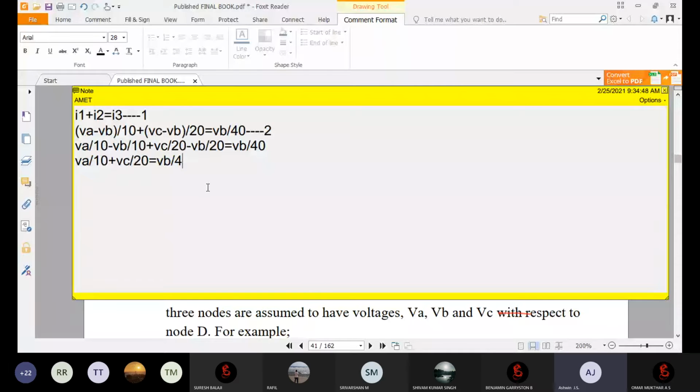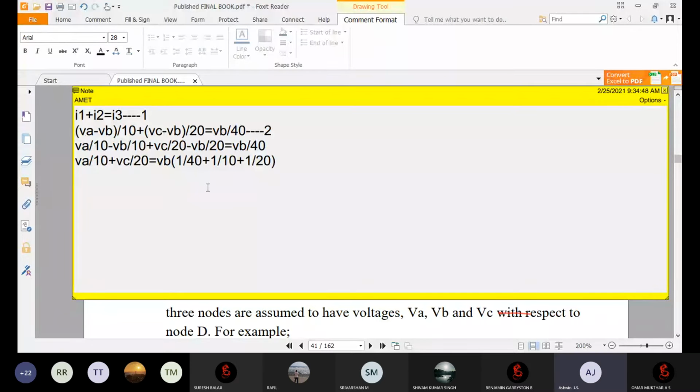Otherwise I will write VB into (1 by 40 plus 1 by 10 plus 1 by 20).